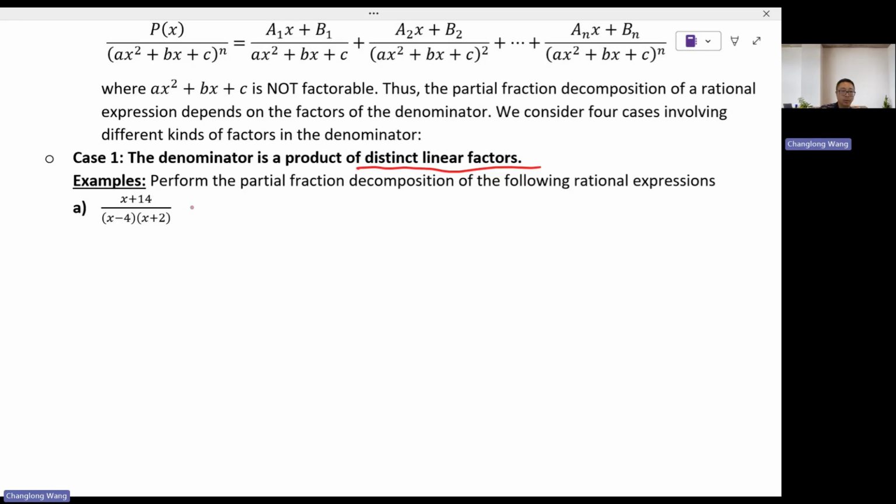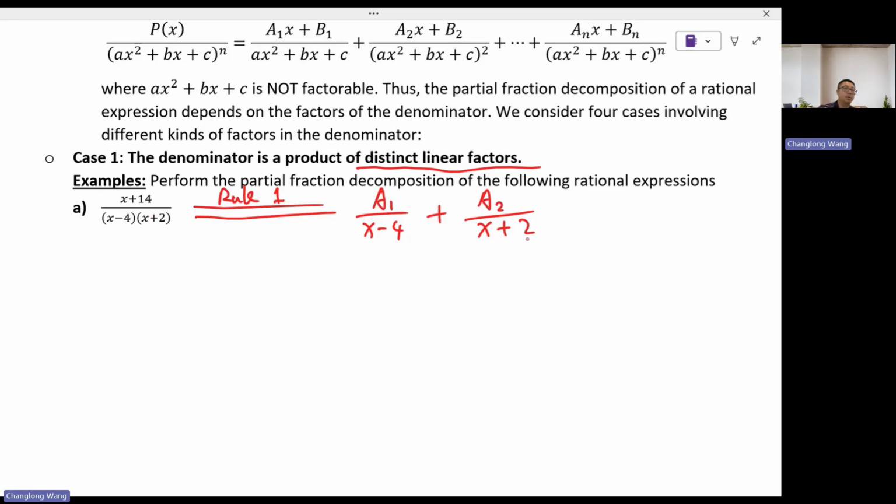So we will apply rule number 1 by assuming the schematic form of the partial fraction decomposition is some constant a sub 1 over x minus 4 plus some other constant a sub 2 over x plus 2. Your goal is to find out what those 2 constants, a sub 1 and a sub 2, are.